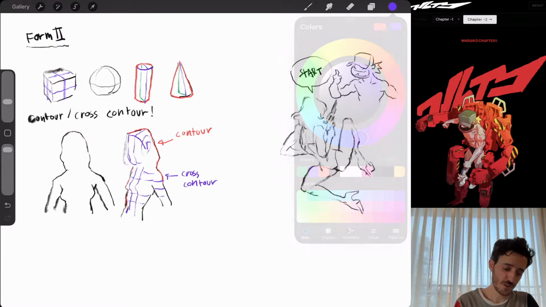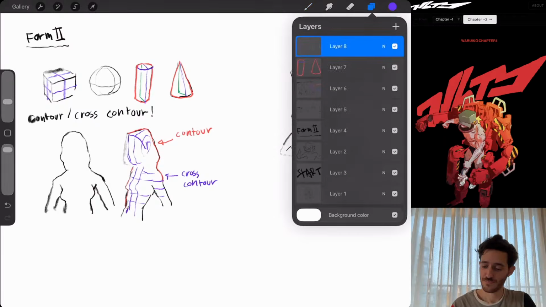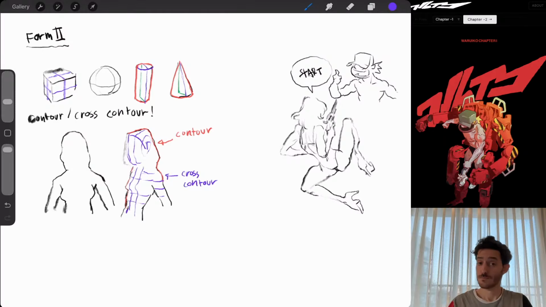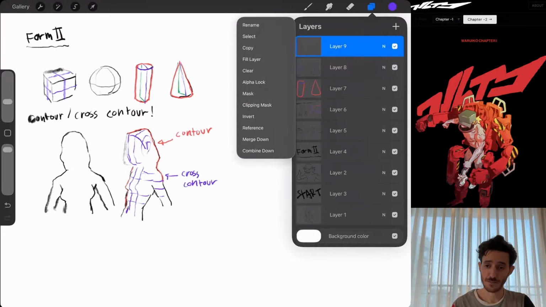So by using contour and cross contour, we have a complete understanding of form. Does that make sense? On the subject of contour and cross contour? Because we're going to go ahead and look at convergence next. If you have any questions, feel free to ask them now before I get into convergence.